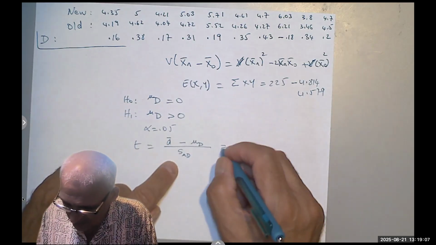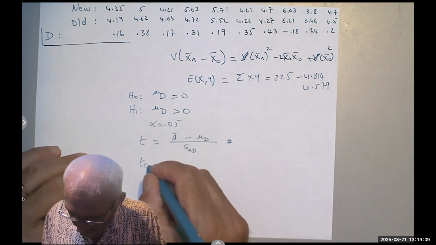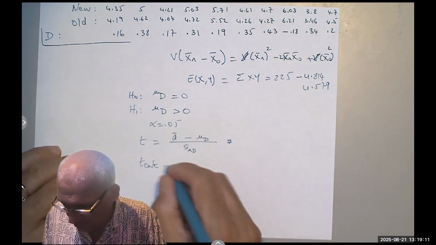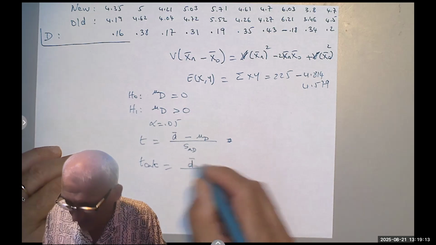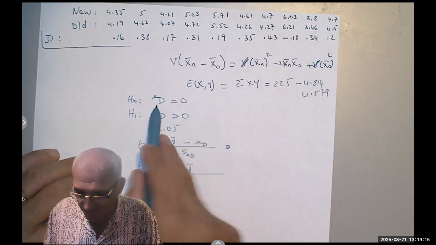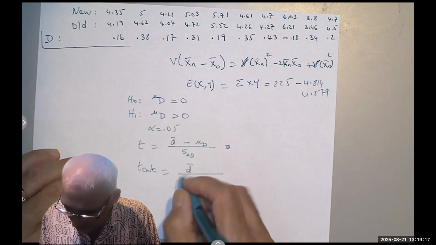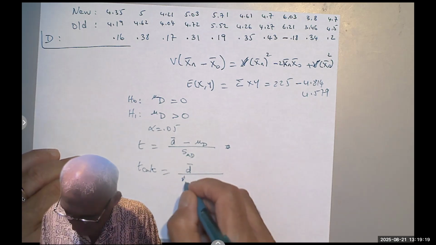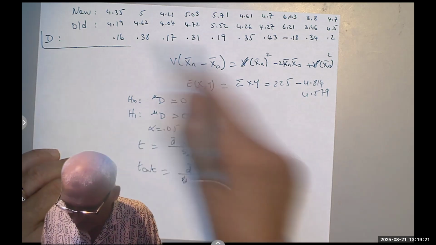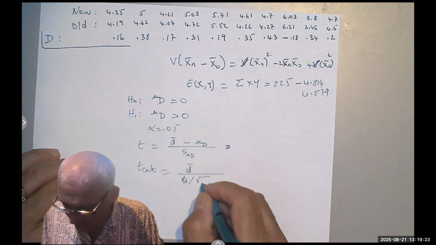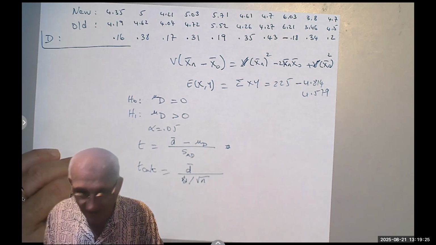So t calc would be d bar minus 0, because that's the mu, over sd, the s of the difference, over square root of n, which in this case is 10.